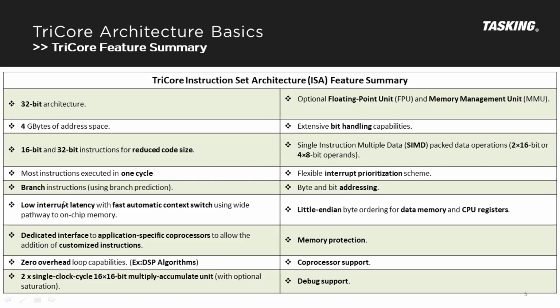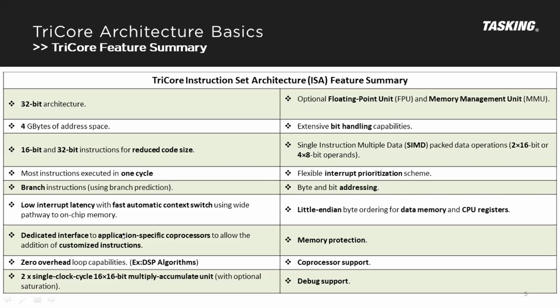From the interrupt point of view, the architecture itself offers a low interrupt latency because, as we will see in the presentation, there is a hardware intervention when it comes to context switching between different tasks, and this will definitely provide low latency for your interrupts. There are dedicated interfaces to application-specific coprocessors.